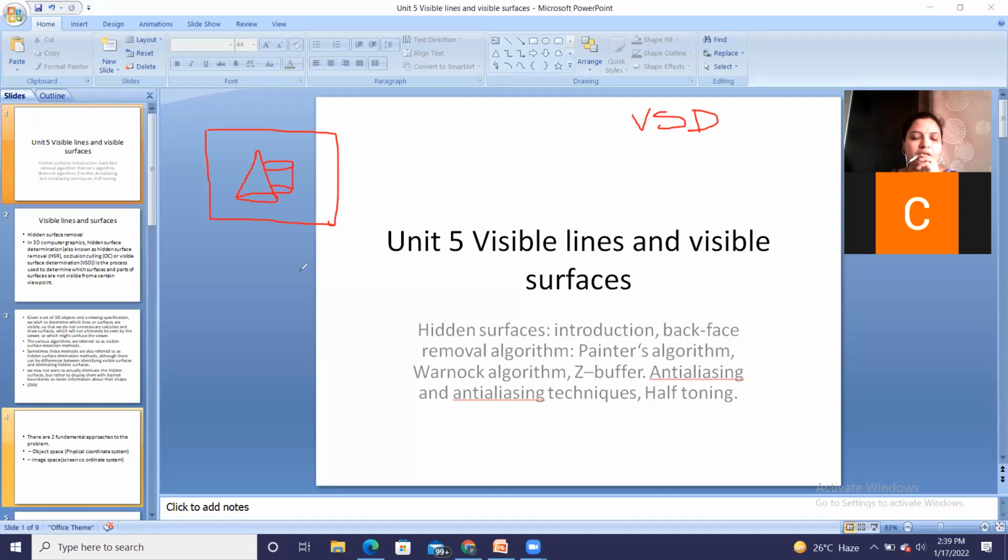Okay, right? Now, whenever I am drawing these two figures, what do you understand? This cone shape is completely visible, while some portion of the cylinder is missing because it is present behind this cone. So a portion of this cylinder is missing.